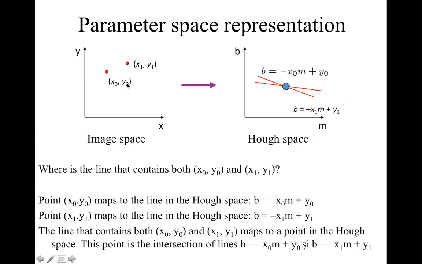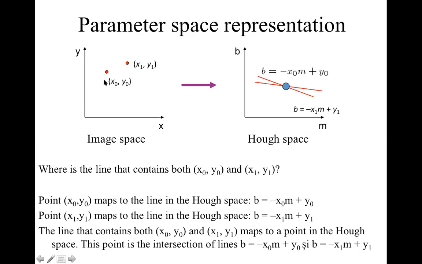So x0, y0 defines the equation b equals minus x0 times m plus y0. x1, y1 defines the line in the Hough space b equals minus x1 times m plus y1. When you take the intersection, you find a point that sits on both lines. This will be a point (m star, b star) that defines a line that passes through both points.